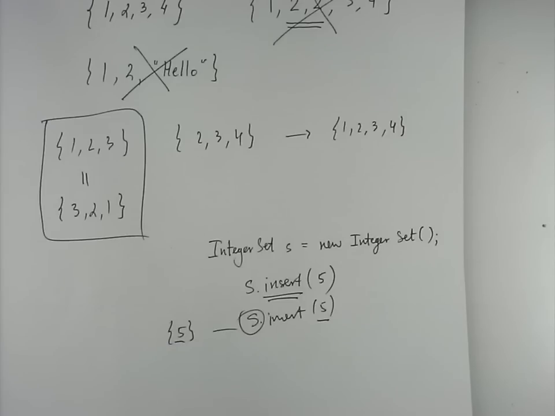What are effects for contains? Oh yeah, did I miss that? What are effects for contains? Returns true if I is in this integer set. Otherwise, returns false.